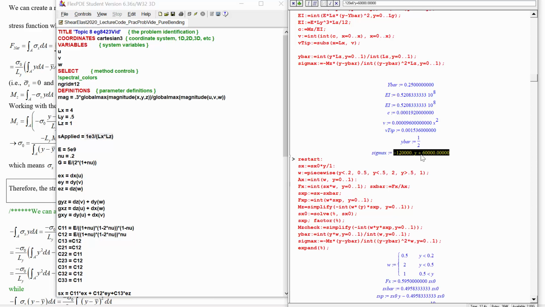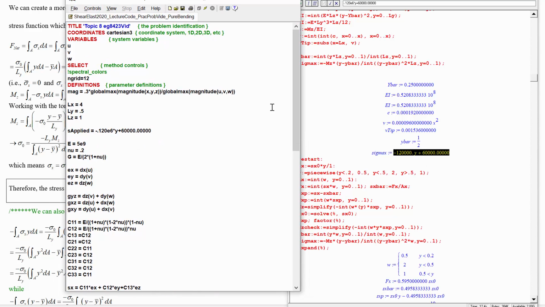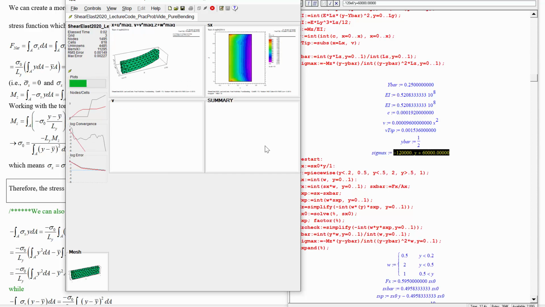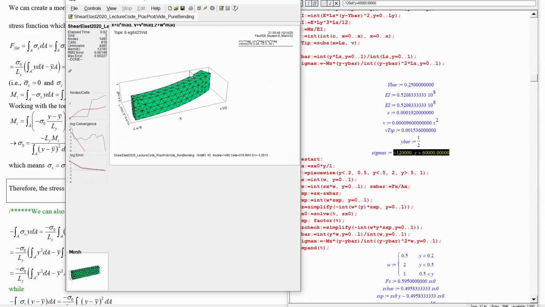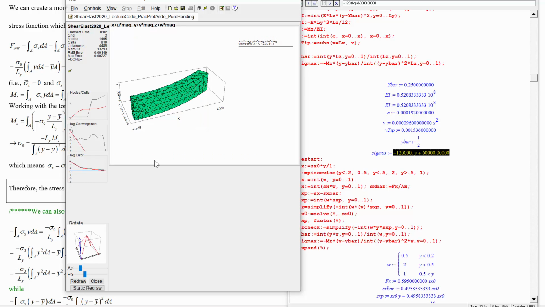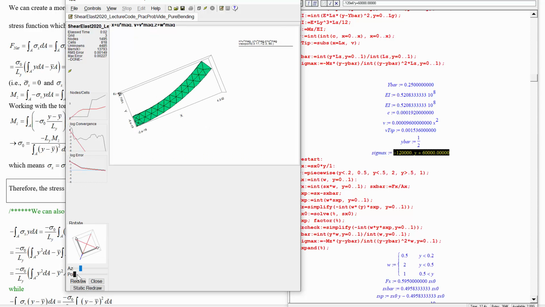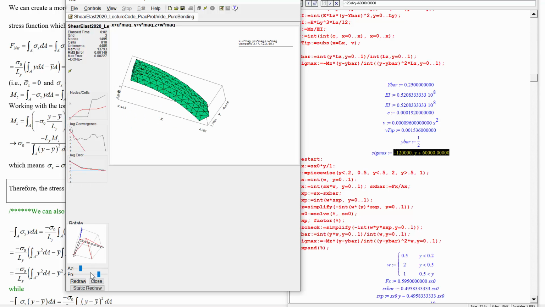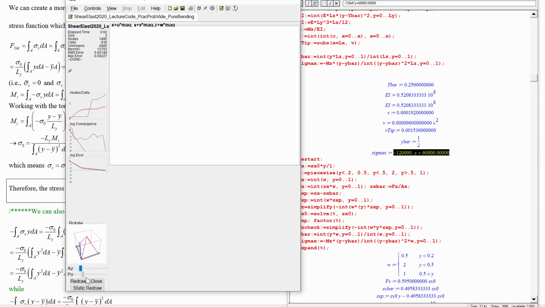Okay, so let's take this thing we calculated. You can just copy paste from Maple into FlexPDE, and that should work out for you. Yeah, so here we go. Let's try this. We've got some bending. Looks like some pure bending there. You can take this and sort of drag it around and redraw the shape.